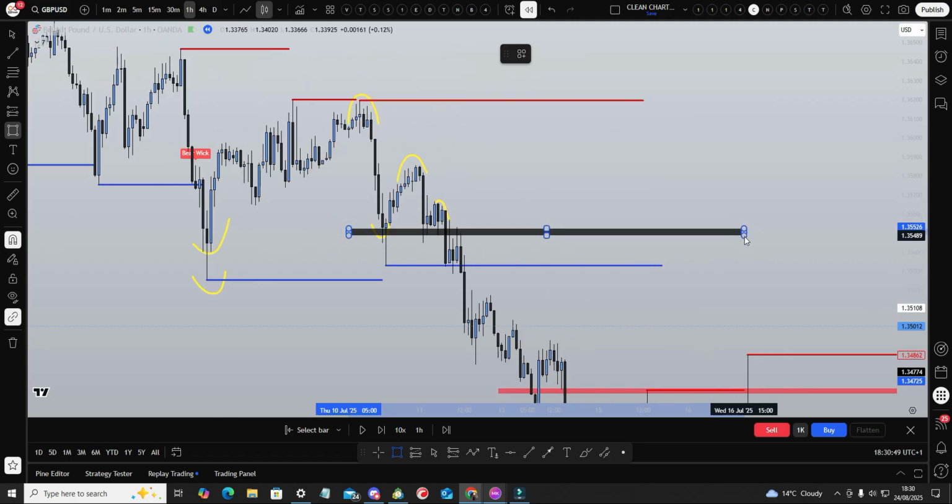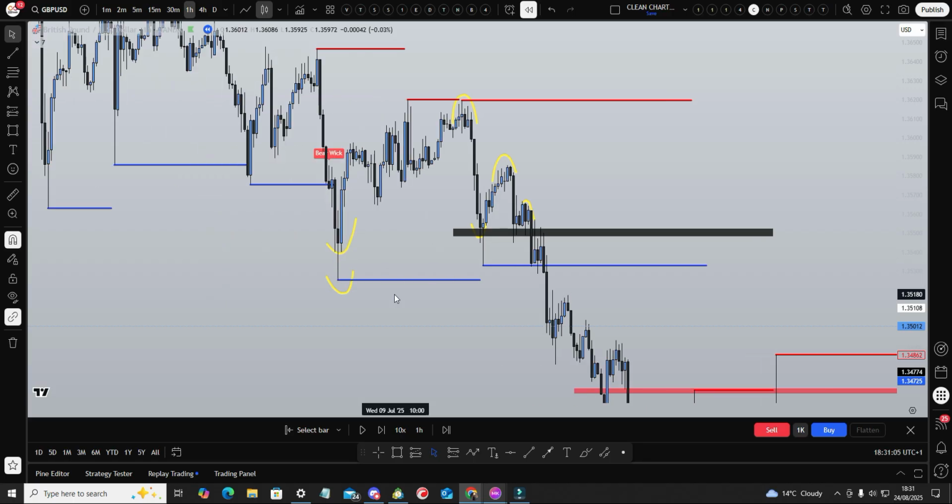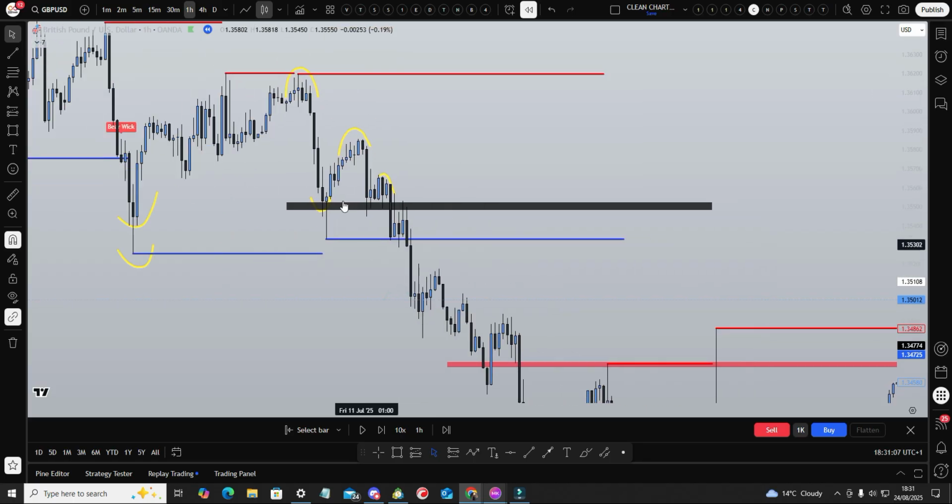Now another thing: the indicator is failing. Obviously you can say the indicator is marking lows, or wick rejection highs or wick rejection lows, however you want to look at it. But this is where your own personal experience will come into play, because this one that I marked, you see price rejected it.